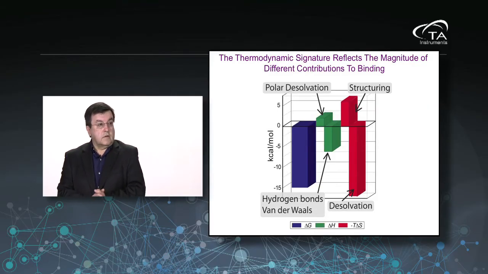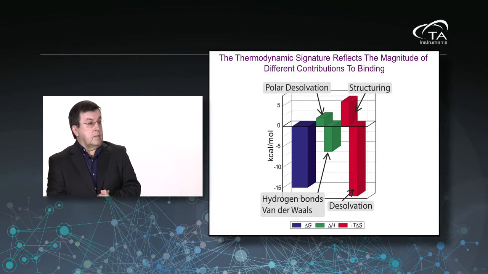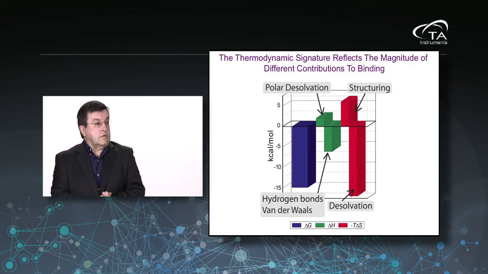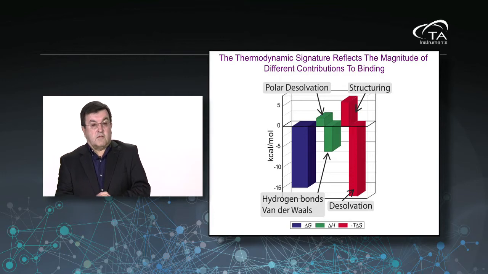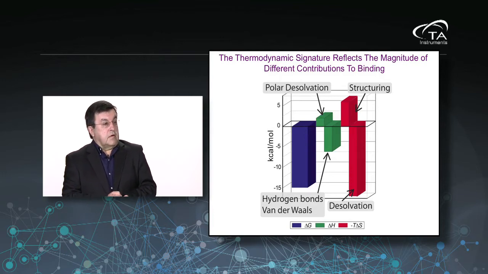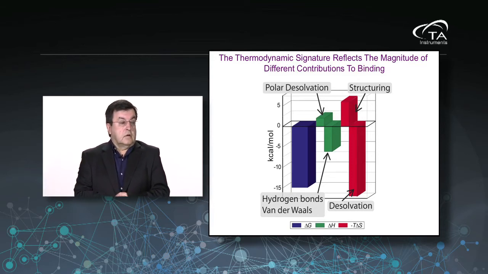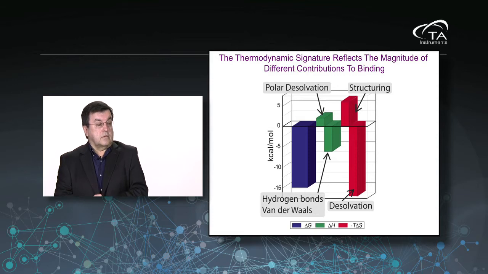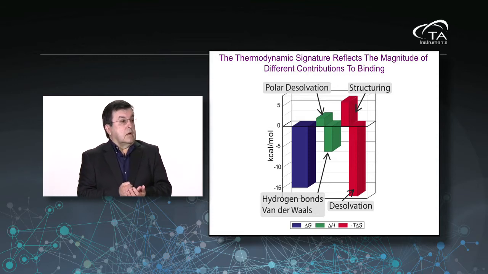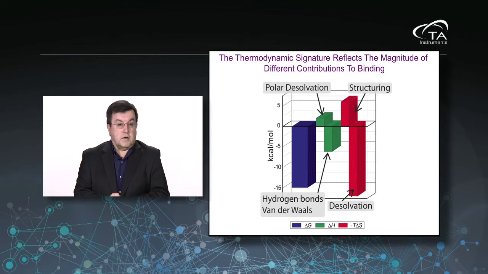So to summarize the main contributions to the thermodynamic signature, favorable contributions to enthalpy are hydrogen bonds and van der Waals interactions. Favorable contributions to entropy are desolvation of the compound and also the binding site. And unfavorable contributions are polar desolvation.